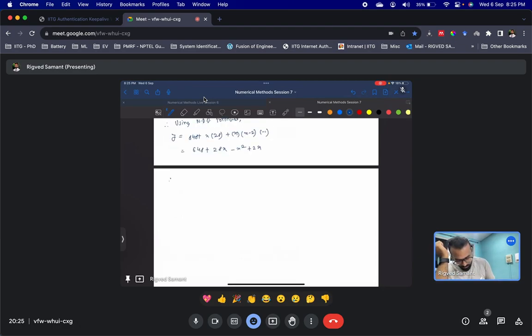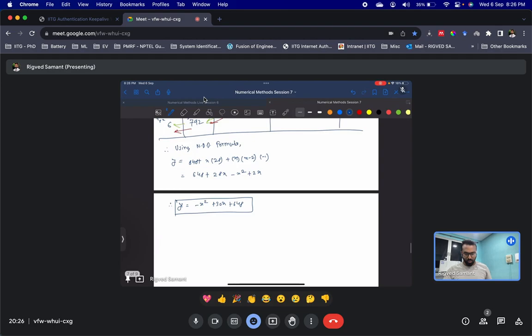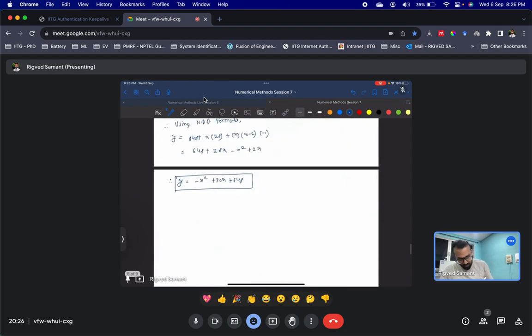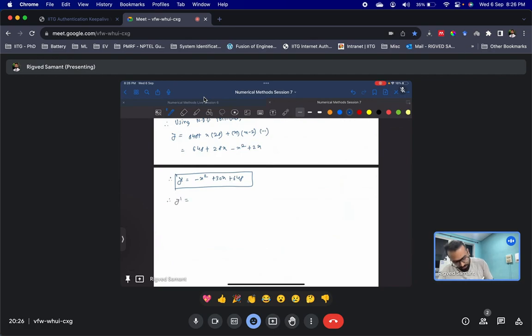Therefore, y is equal to minus x square plus 30x plus 648. Okay, now you have a function of x, that is a y value. Now you also want to find out the y dash of 4, right? So therefore y dash is equal to minus 2x plus 30.